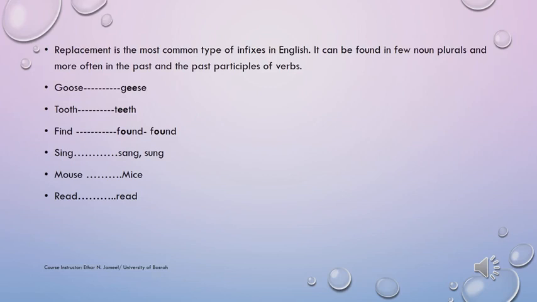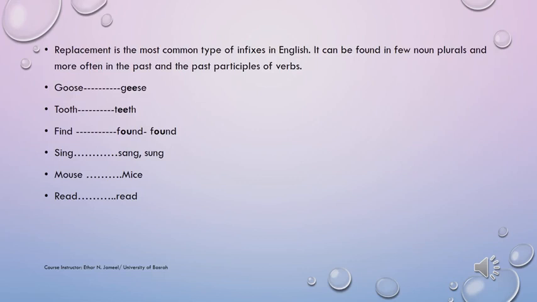So what happens is that we also replaced U with E. The E of teeth is an infix. It is a morpheme in English. And it has meaning. It has the meaning of plurality. So teeth consists of two morphemes. The singular morpheme tooth and the plural infix E.